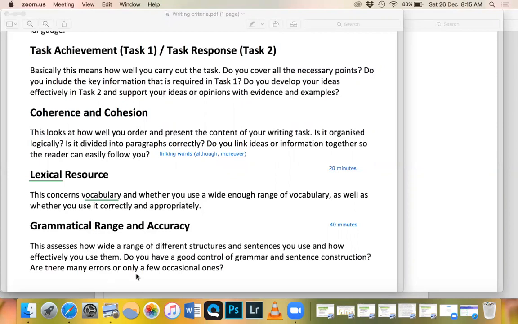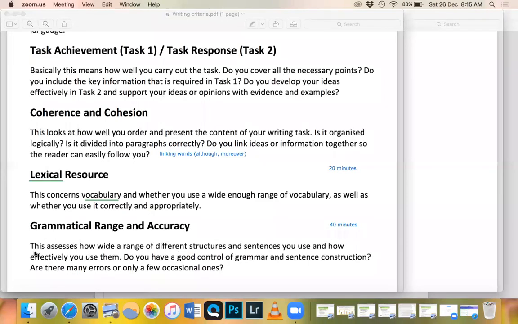And the last criteria is grammatical range and accuracy. So this assesses how wide a range of different structures and sentences you use. Okay, so do you use lots of different grammar tenses, past tenses, present tenses, passive tenses, and so on?